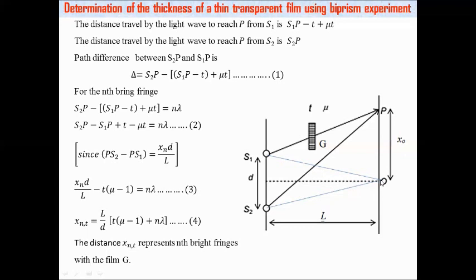Therefore, the optical path S1O will be equal to S2O. Let a transparent sheet Z of thickness t and refractive index mu be introduced in the path of one of the beams.